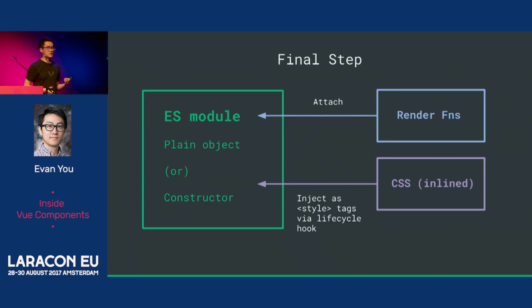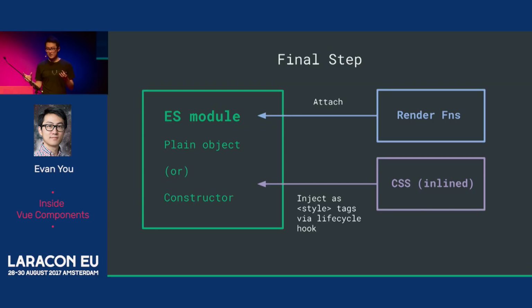And the final step is assembling the three things together. So remember, our template was compiled into JavaScript. They are render functions now. Our CSS, if using the extracted strategy, then there's nothing really to do here. But if you're inlining your CSS to be dynamically injected, then they are just JavaScript strings.